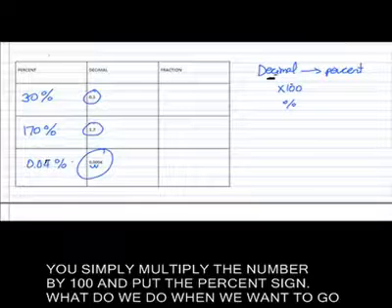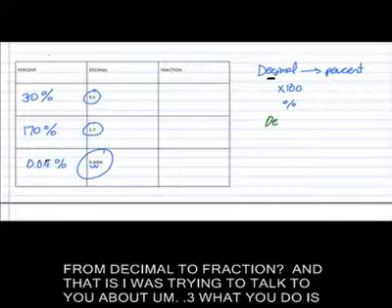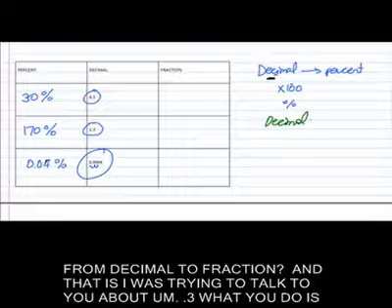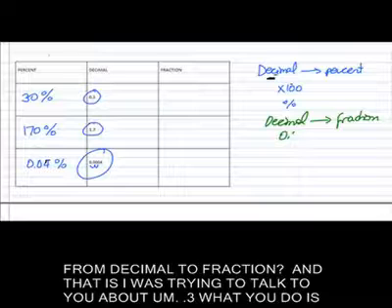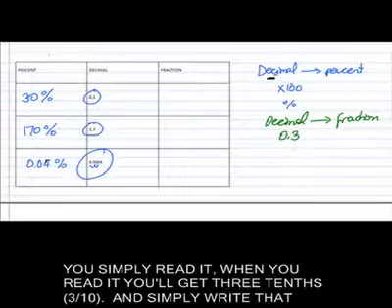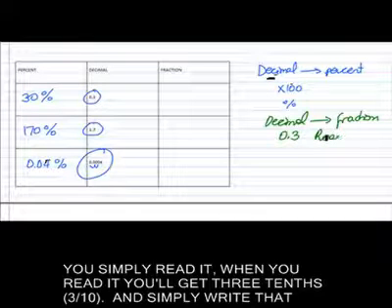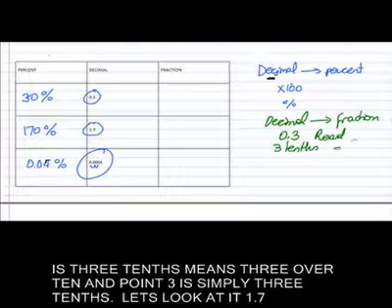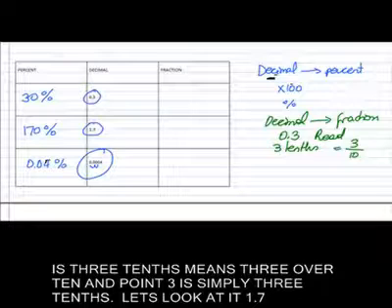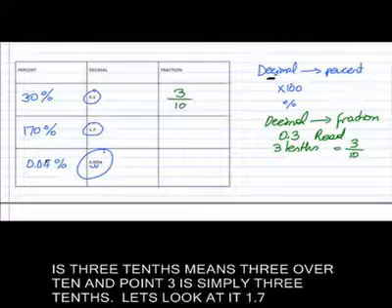What do we do when we want to go from decimal to fraction? That is what I was trying to talk to you about. 0.3, what you do is you simply read it. When you read it, you will get 3/10. And then simply write what that is. 3/10 means 3 over 10, and 0.3 is simply 3/10.